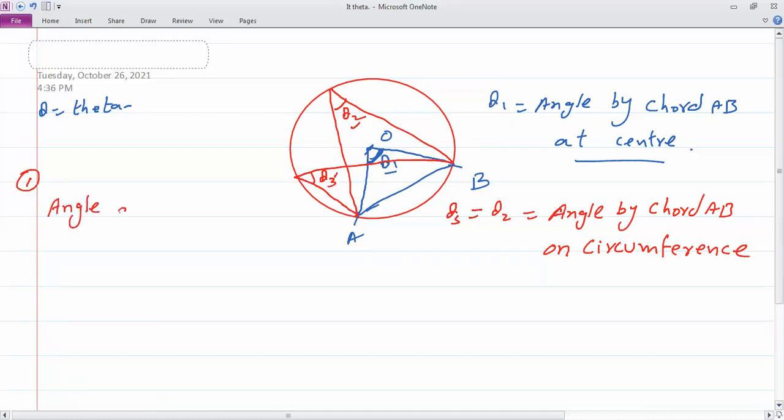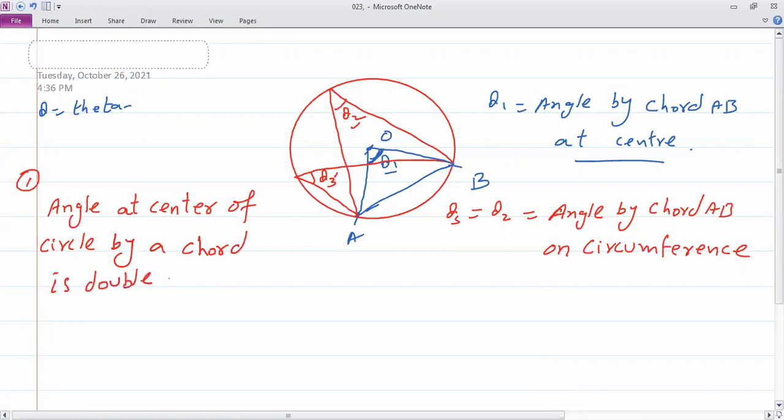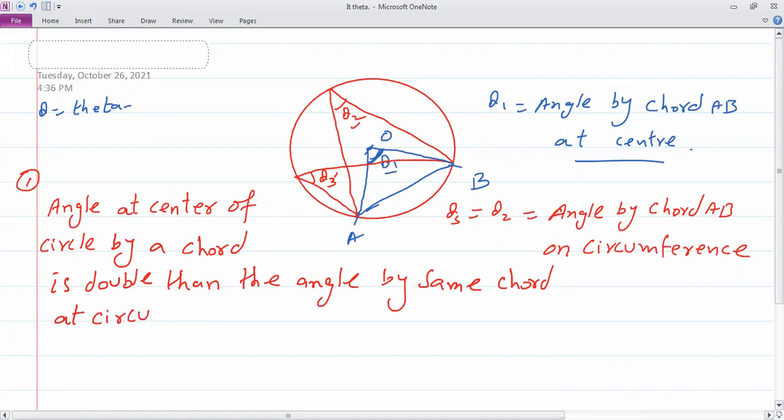That rule is: angle at the center of a circle by a chord is double the angle by the same chord at the circumference. This is the first circle theorem.